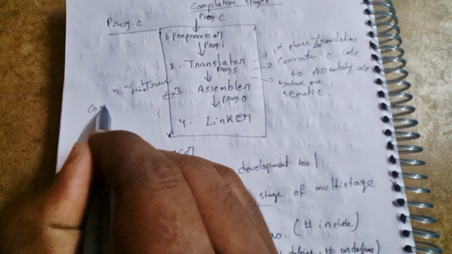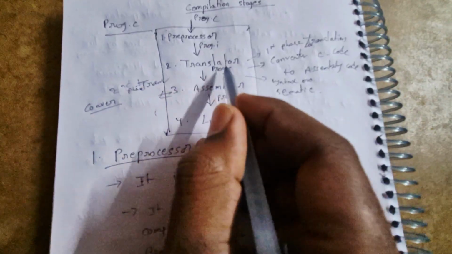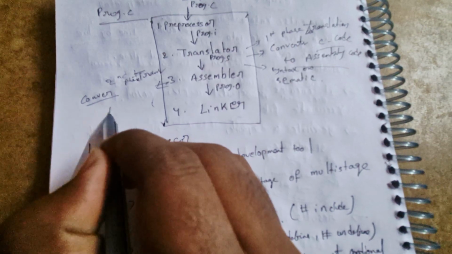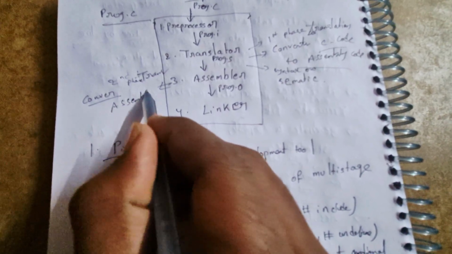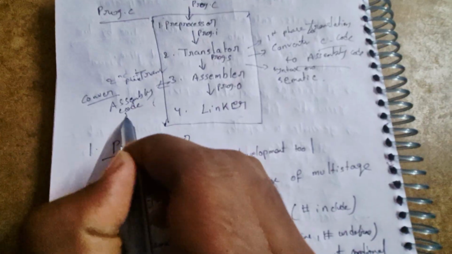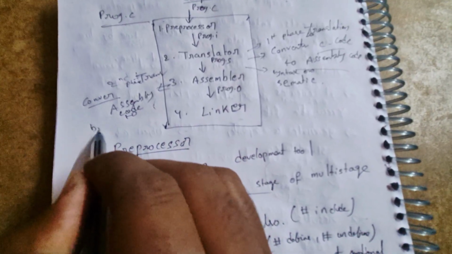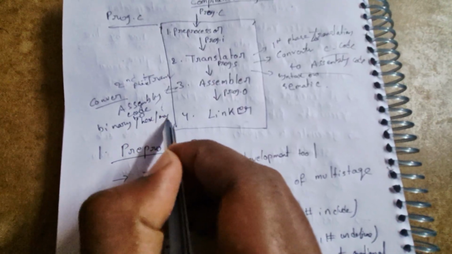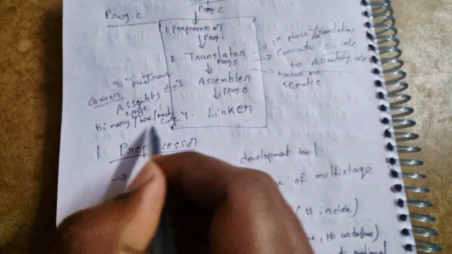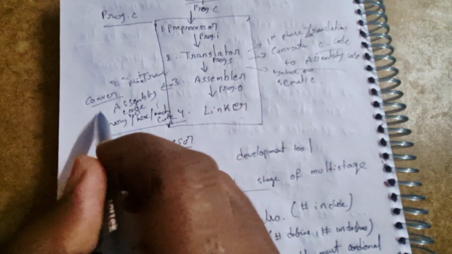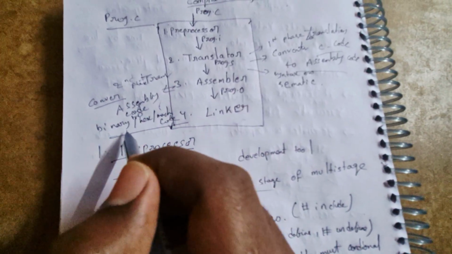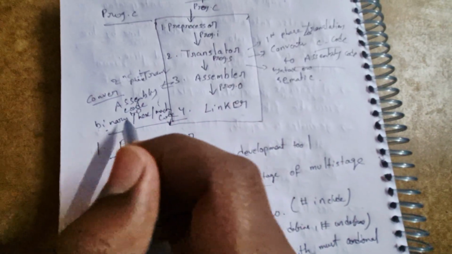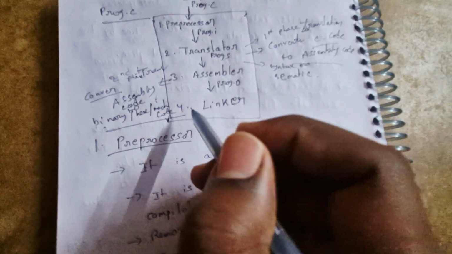The translation converts C code to assembly code, and this assembler converts assembly code to binary or machine code. This machine code is in the form of an object file.